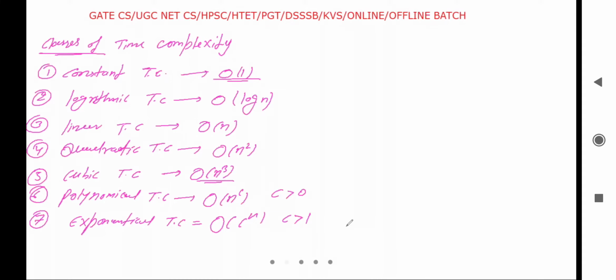Next time complexity is factorial time complexity. n factorial is approximately equal to n power n, so here it is order of n power n.